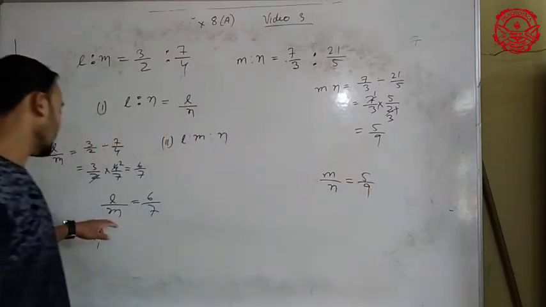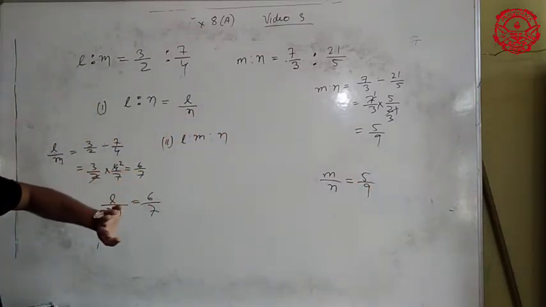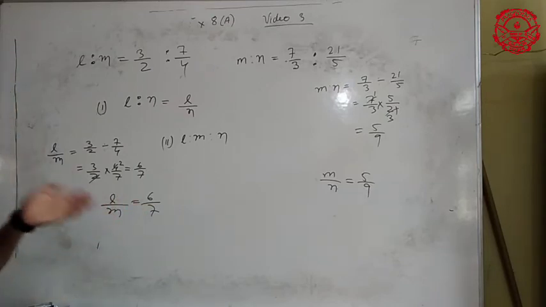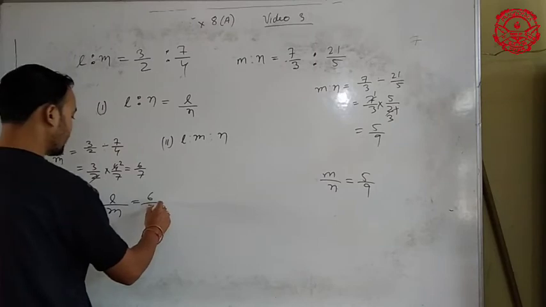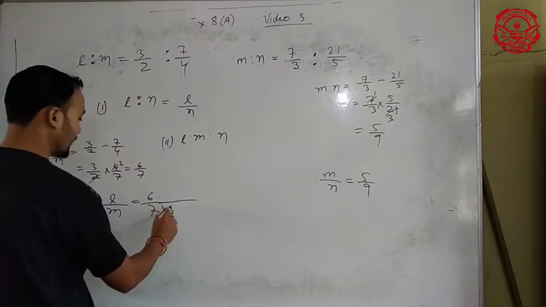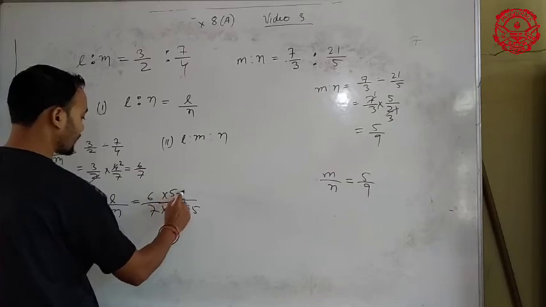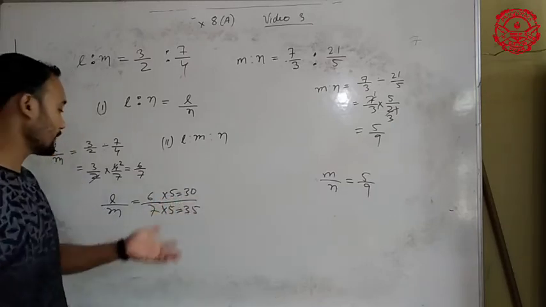In both the terms M is common but its value is different, so the first thing is to make M the same. Multiply by 5, it becomes 35 and this becomes 30.